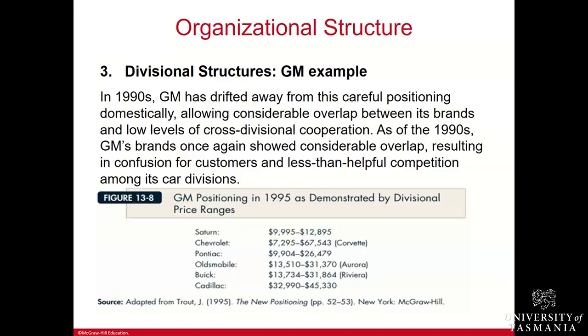As of 1990s, General Motors brands once again showed considerable overlap, resulting in confusion for customers and less than helpful competition among its cars divisions. Again, they had the same problem as they had 75 years ago, and they lost the market share because price overlapping is the biggest issue for product divisional structures.